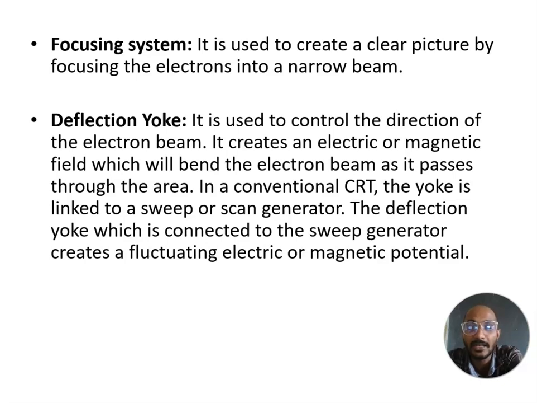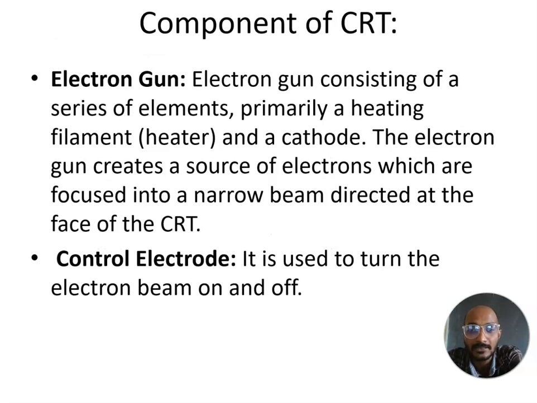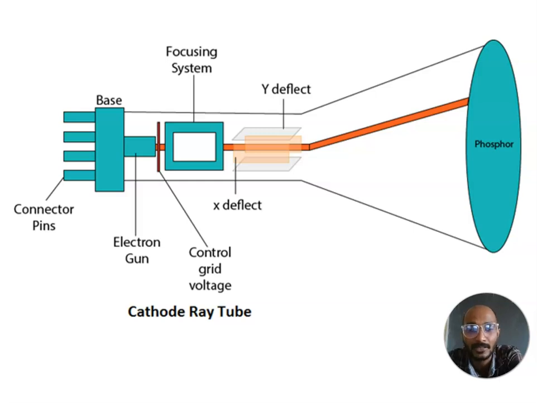It is used to create a clear picture by focusing the electrons into a narrow beam. Here the focusing system is there. One thing we know is that the electron is a highly charged element. Whenever it is released in space, it will run at high speed in any direction. Electrons are free in space, so they will run here and there after releasing.